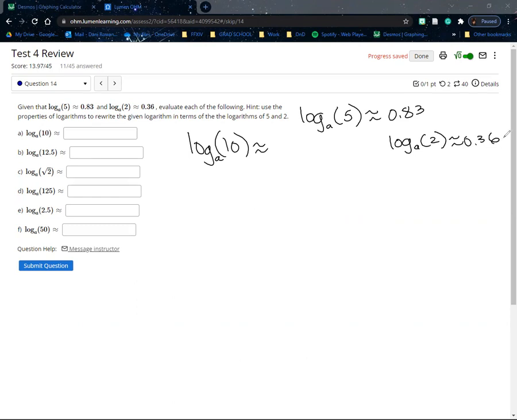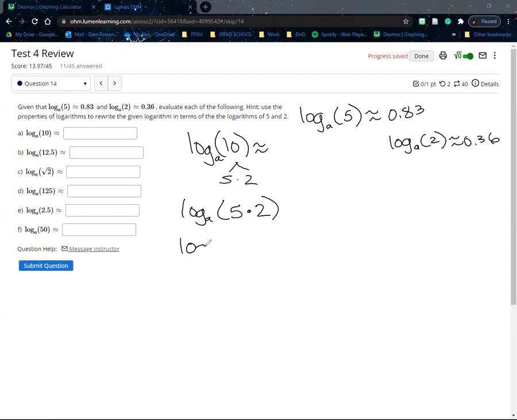So what you're trying to do is get these logarithms to look like log base A of 5 and log base A of 2 in order to substitute. So something to think about, what times what is 10? 2 and 5. So this is log base A of 5 times 2. How can we split that up using logarithm properties?